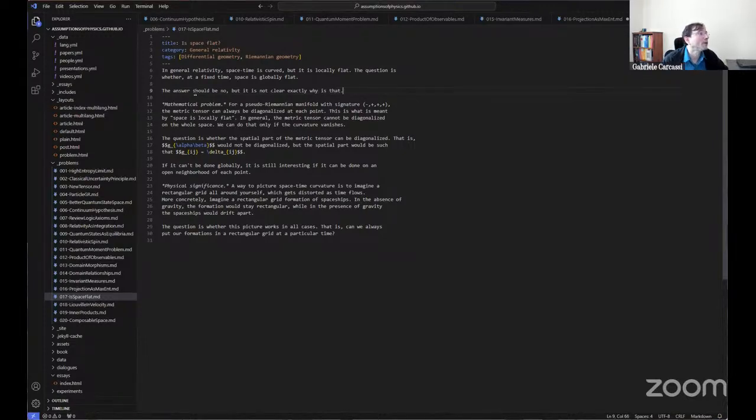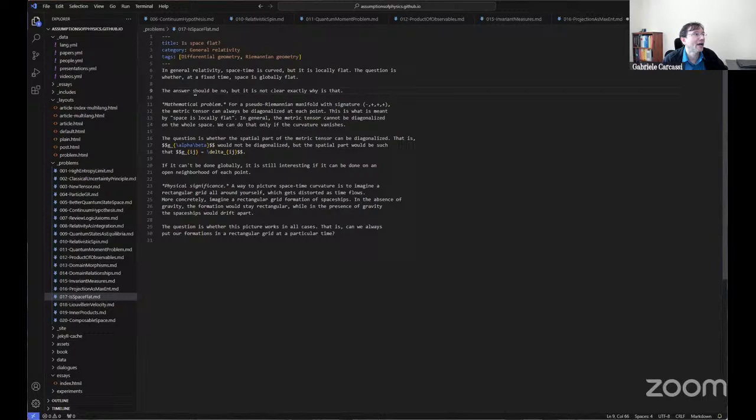Okay, so for a pseudo-Riemannian manifold with signature minus plus plus plus, the metric can always be diagonalized at each point. This is what is meant by space being locally flat. In general, a metric tensor cannot be diagonalized on the whole space. We can do that only if the curvature vanishes. The question is whether the spatial part of the metric tensor can be diagonalized.